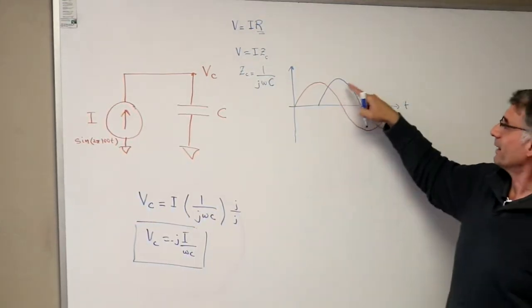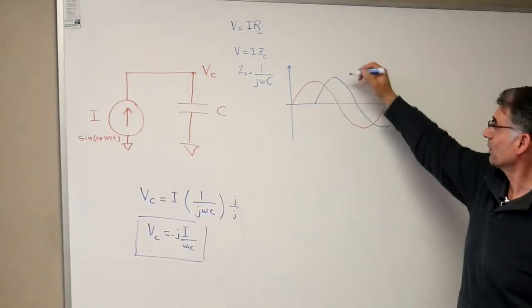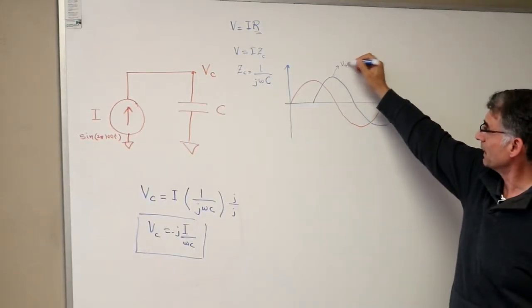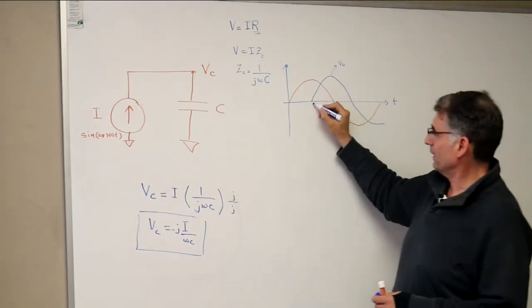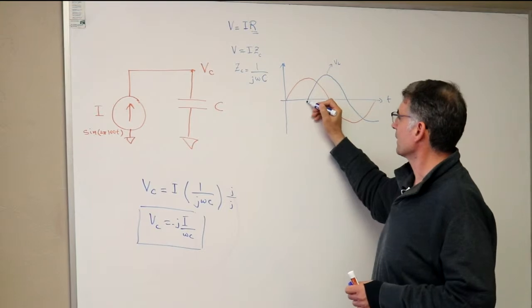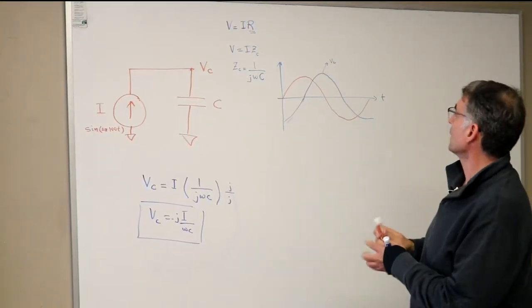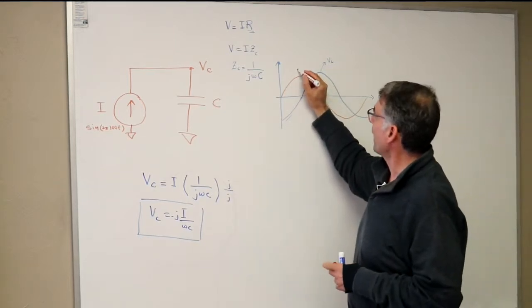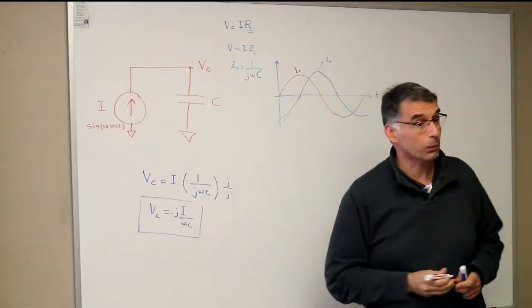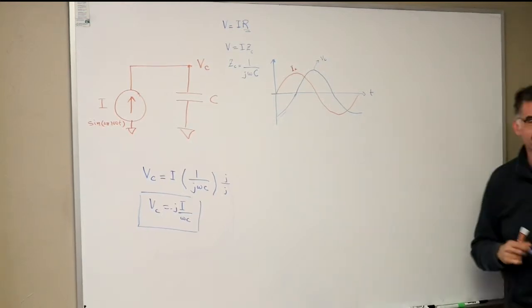The voltage was lagging the current. So this is the voltage VC, and this is IC, and then we asked why? Why does that happen?